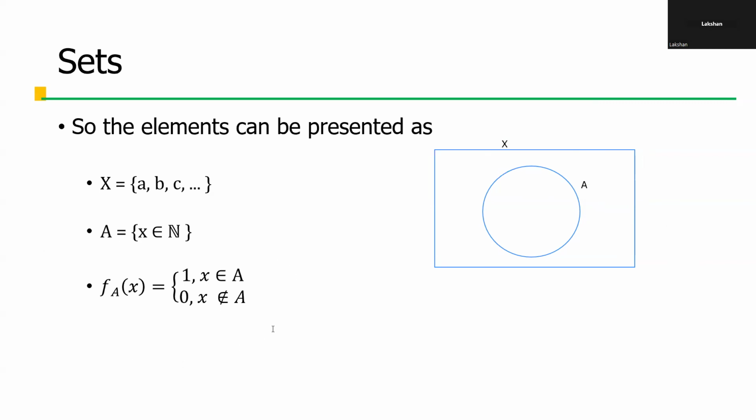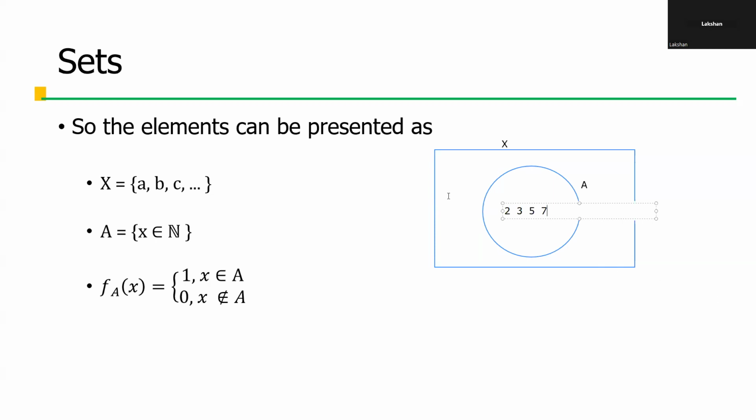Another definition that we have is the characteristic function, or membership function. Let's think that x is the natural numbers, 1 to 10. Then A is the prime numbers, so we only have 2, 3, 5 and 7.